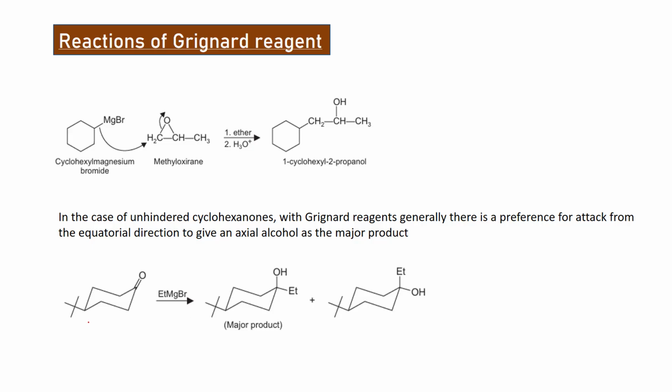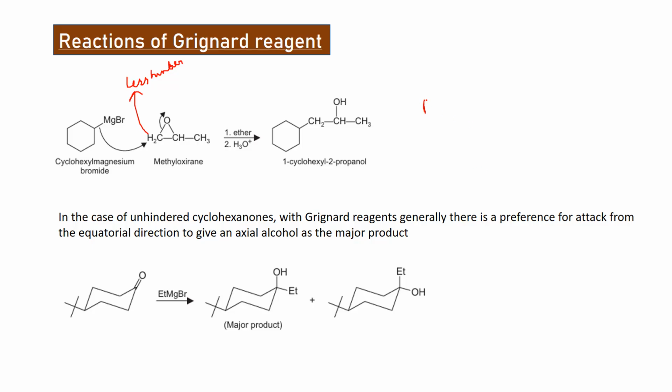This Grignard reagent can also be reacted with epoxide. If you add Grignard to an epoxide, it will attack the less hindered side and generate this type of alcohol as our product. There's another example.